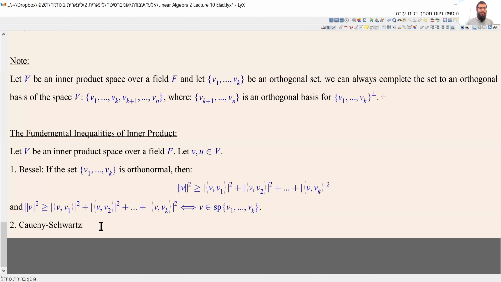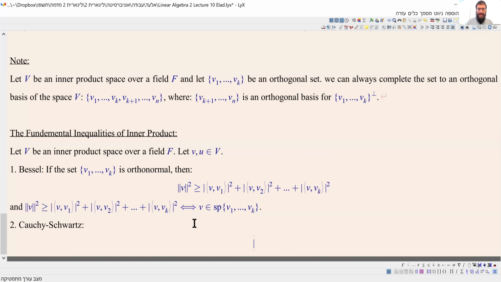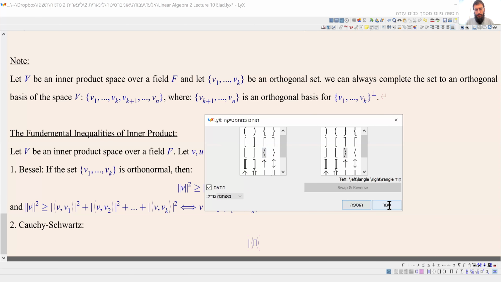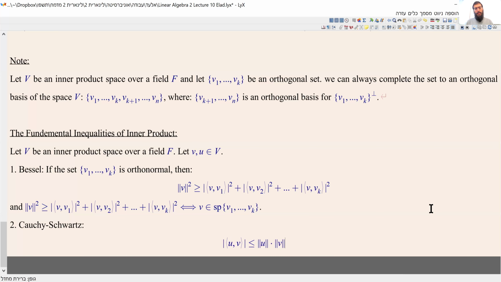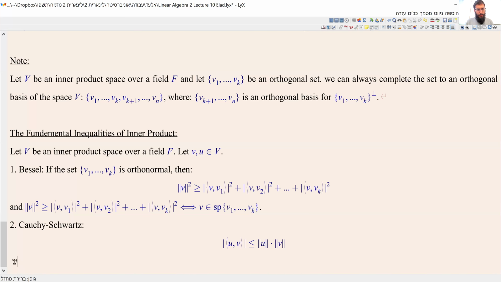And secondly, Cauchy-Schwarz states that the absolute value of the inner product of U and V is always smaller than or equal to the multiplication of the norms of the vectors. And when do we have an equation?